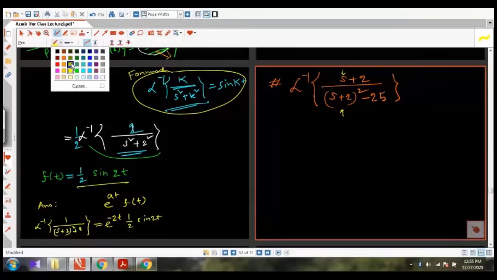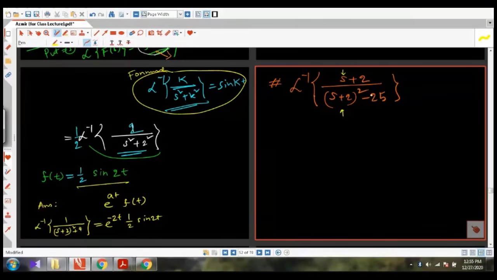So let's write down the formula. We know that inverse Laplace of s over s squared minus k squared will be hyperbolic cosine kt.